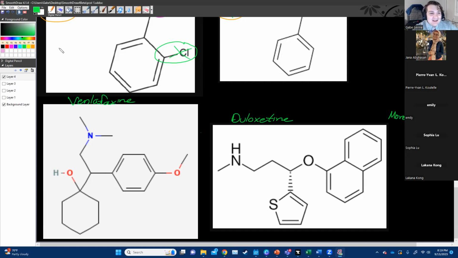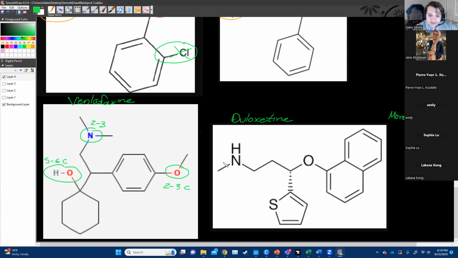So here in venlafaxine, we have this OH bond. So this is very polar, 5 to 6 carbons. We have a nitrogen, which would be 2 to 3 carbons. And we have an oxygen, which is also 2 to 3 carbons.